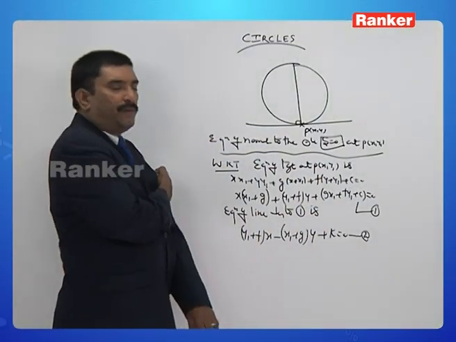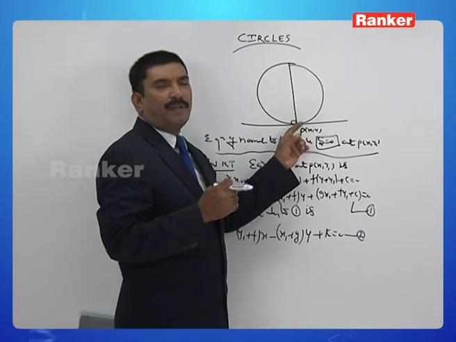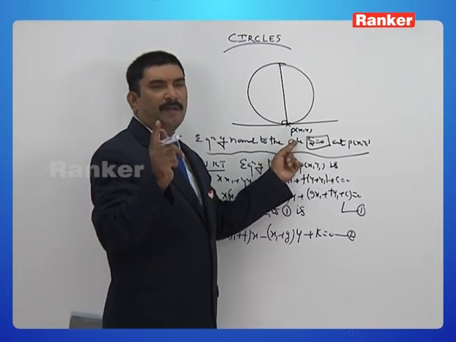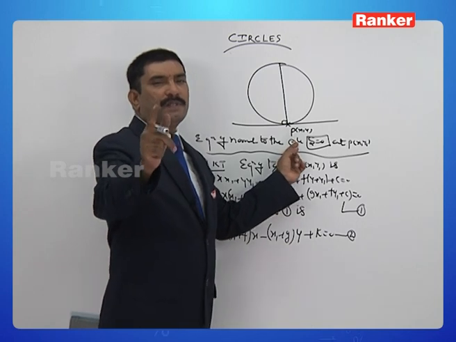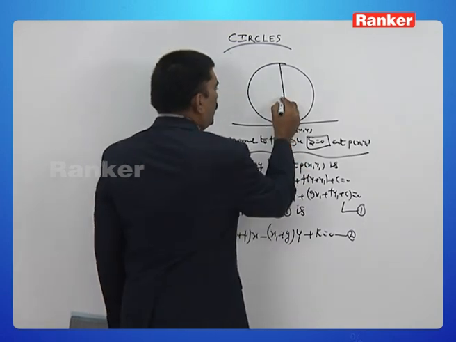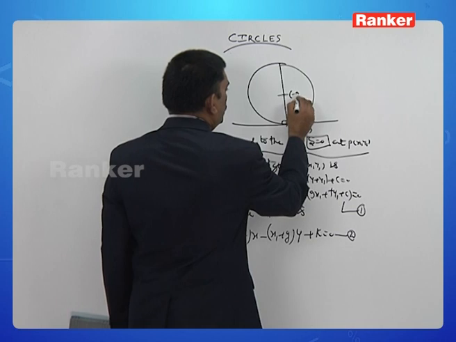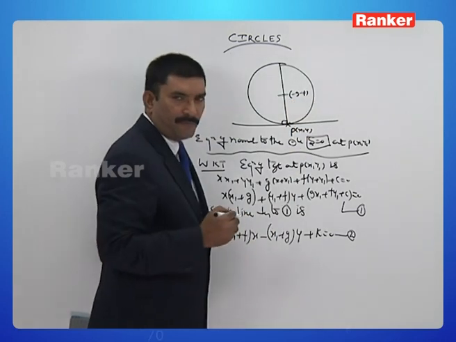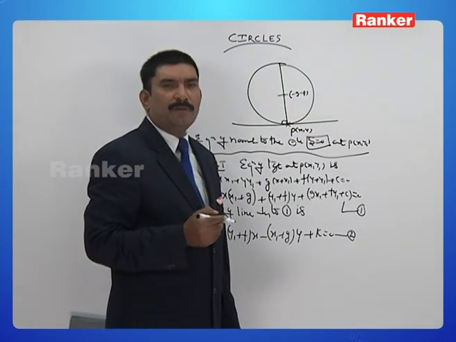Now how to find out k? Remember, for a circle, the normal always passes through the center of the circle. This is minus g comma minus f.